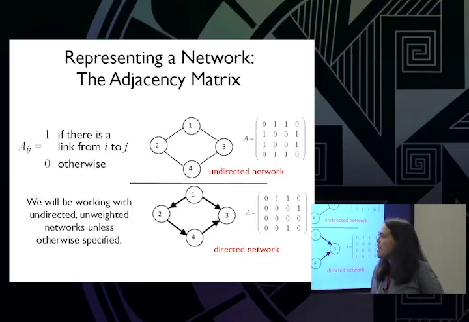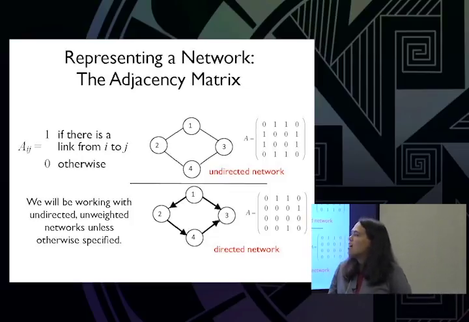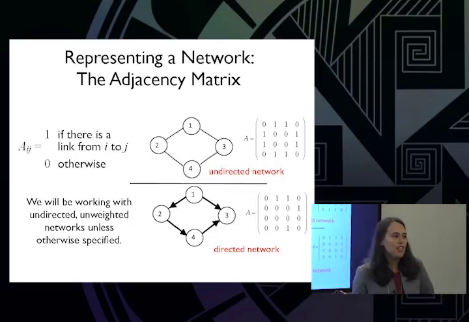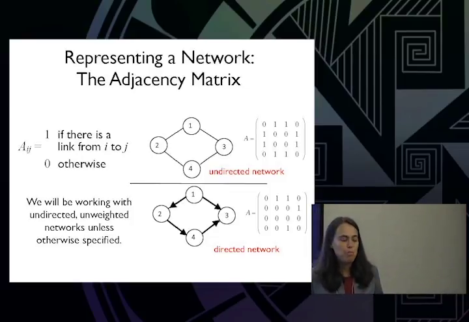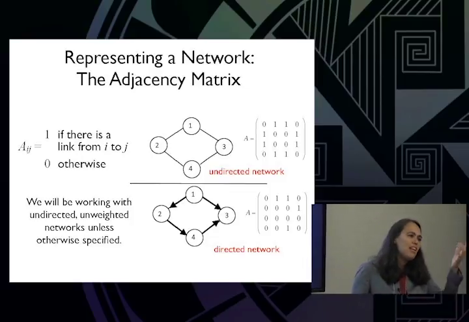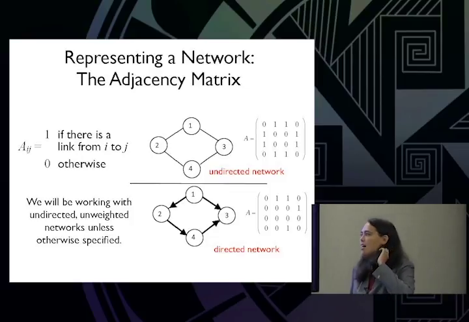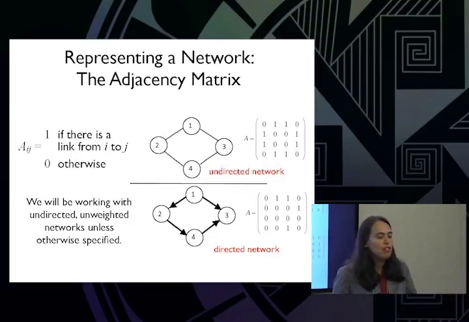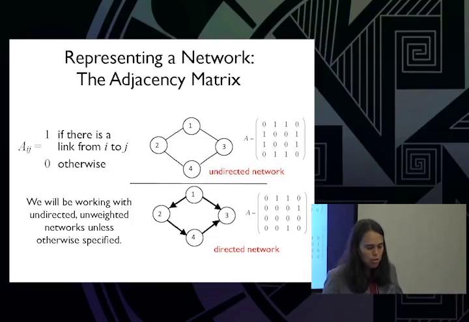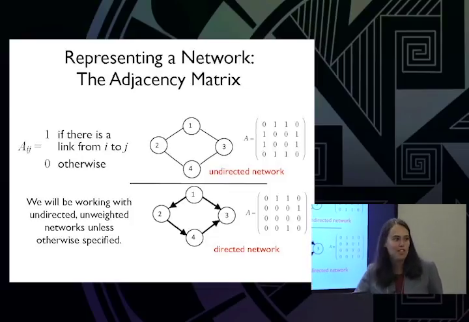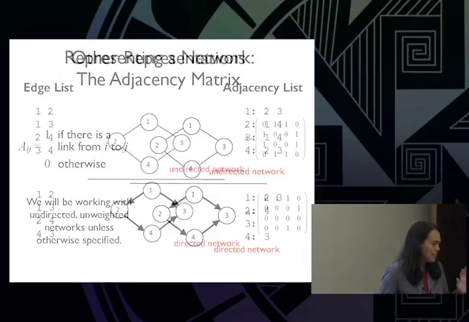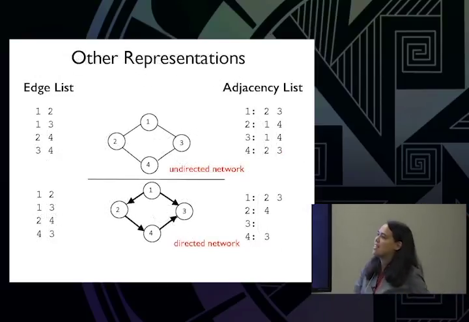Usually these networks have a lot of zeros in them. Think about friendship networks, for example, everybody on Facebook. People have maybe on average a few hundred Facebook connections, but if you look through all the Facebook users, you don't have a connection to the vast majority of them. So if you were to store this matrix, it would be almost all zeros. We don't want to do that. We want to avoid that. So we can think about other representations.